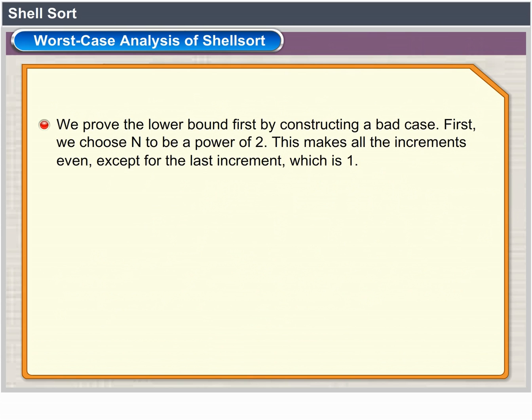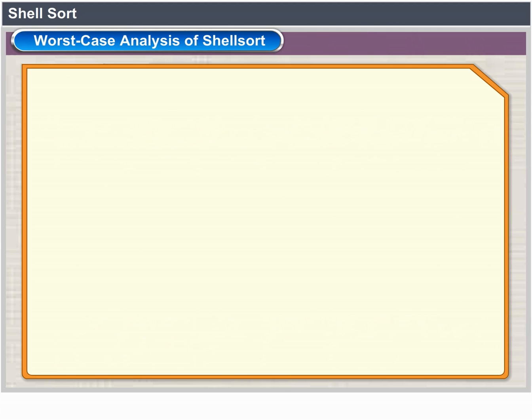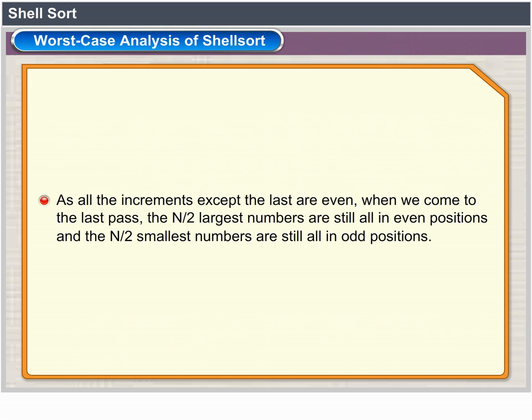Now, we will give as input an array with the n/2 largest numbers in the even positions and the n/2 smallest numbers in the odd positions. As all the increments except the last are even, when we come to the last pass, the n/2 largest numbers are still all in even positions and the n/2 smallest numbers are still all in odd positions.